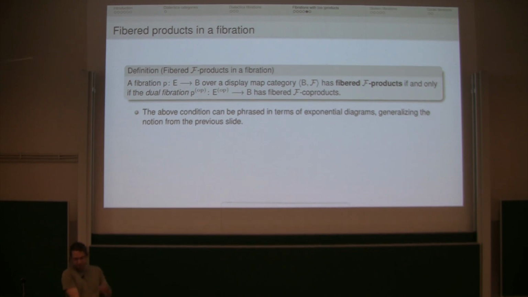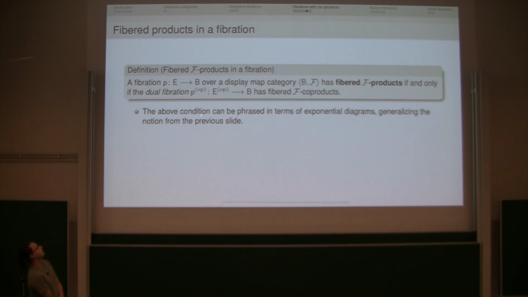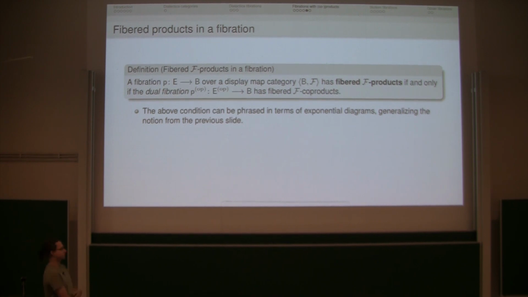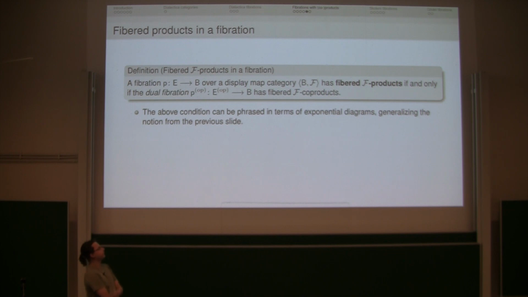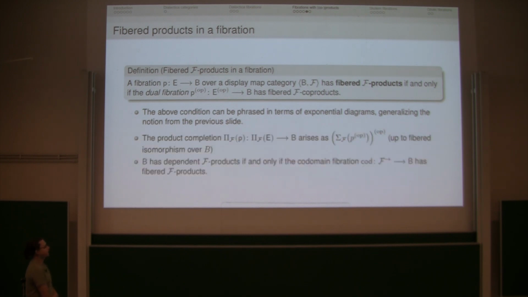Then the fibrational version can be defined in a dual way using the dual fibration, which is a way of dualizing a fibration fiber-wise. So a fibration has fiber products if and only if its opposite fibration has all fiber co-products, and then analogously the fiber product completion arises as the opposite of the co-product completion of the opposite of the original fibration.